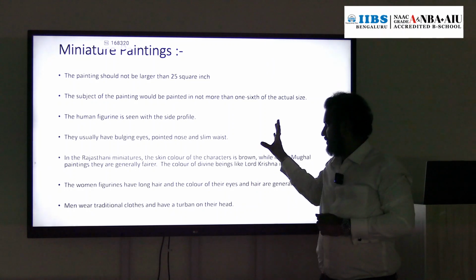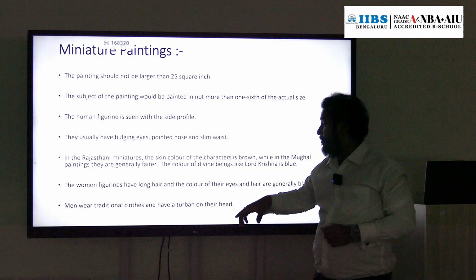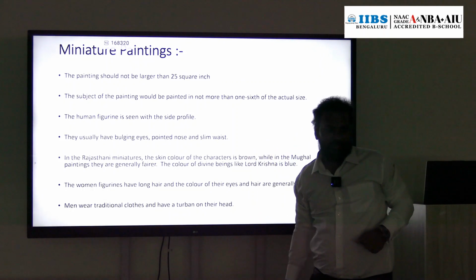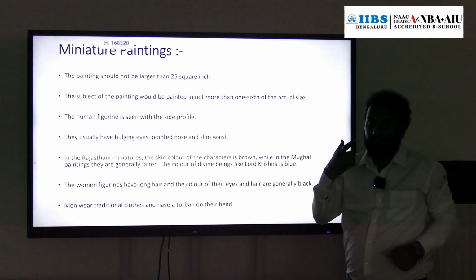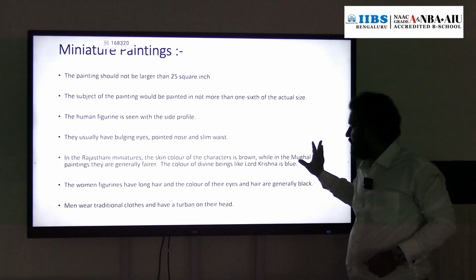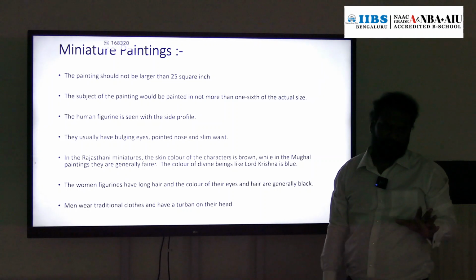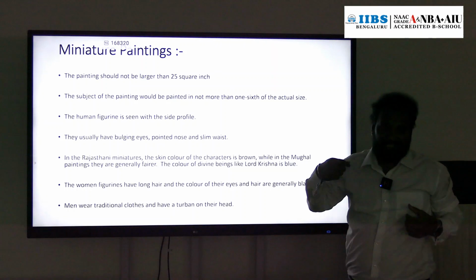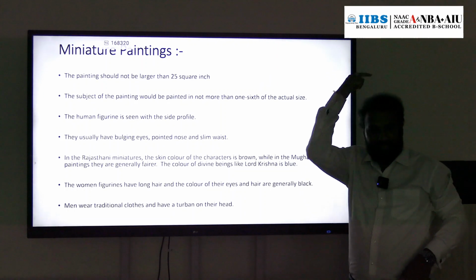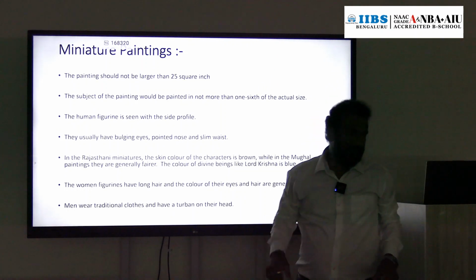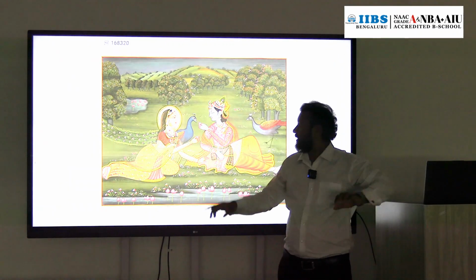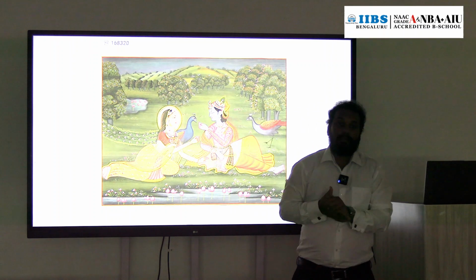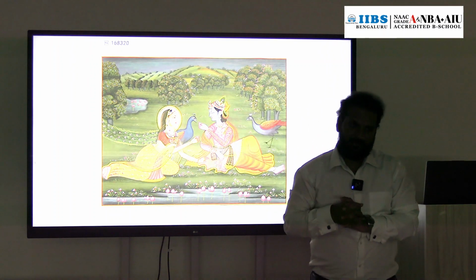Women have long hair below their hips, and the color of the eyes and hair is generally black. Men wear traditional clothes and have a turban on their head. Check, turban. So these are the features of miniature paintings in India.